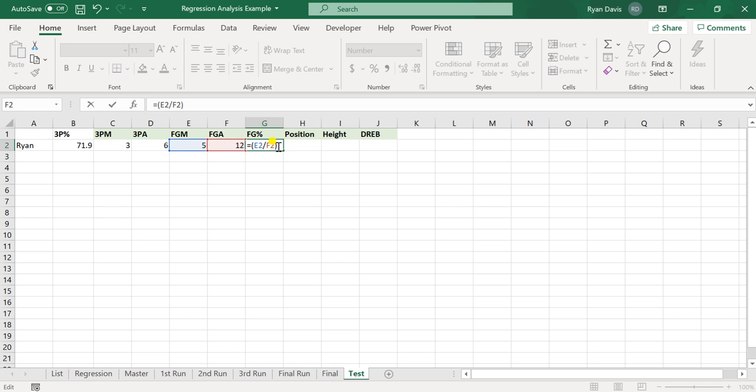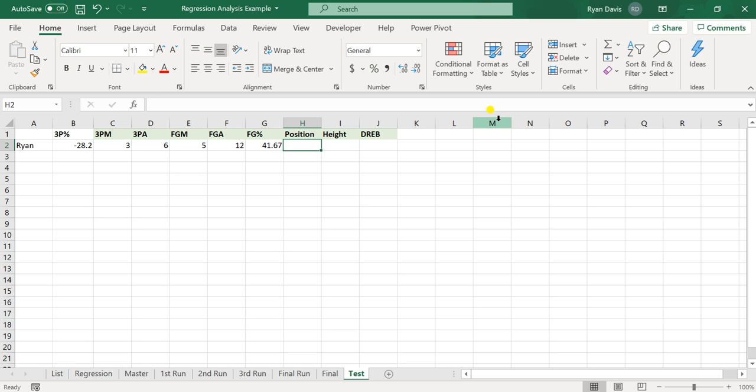And then times 100, so it can actually be in a number. Position, I'm going to be a point guard, so number 1. Height, in reality, this is in inches, so I'm really like 68. Defensive rebounds, I only get 1 per game.